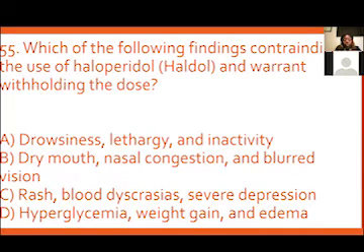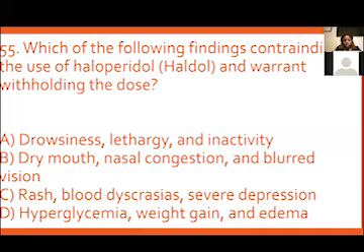So if I don't know what the drug is, I'm going to look for what in this is really bad that I cannot give the patient this medication. That means they're really, really bad. So drowsiness, lethargy, inactivity. One of the things that will have me concerned is lethargy, because lethargy is not normal. So I'll keep an eye on A.